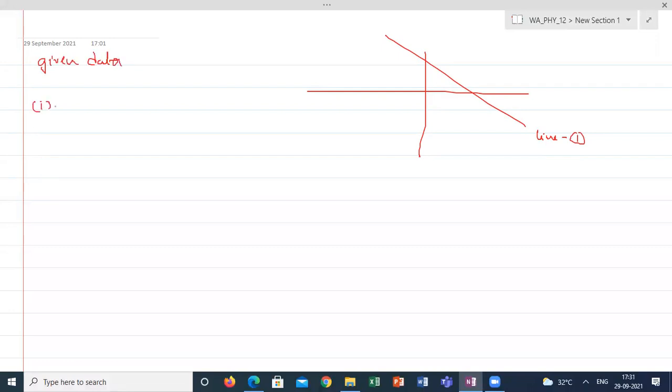The first point is the length of the perpendicular drawn from the origin. That is nothing but the length of the normal.